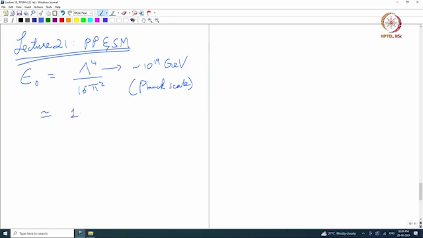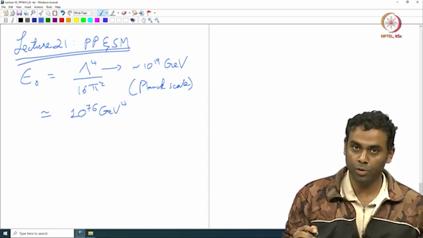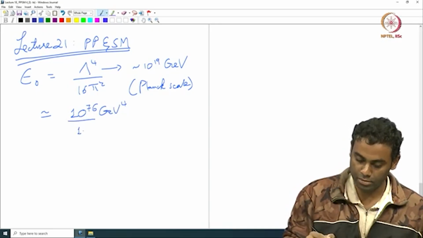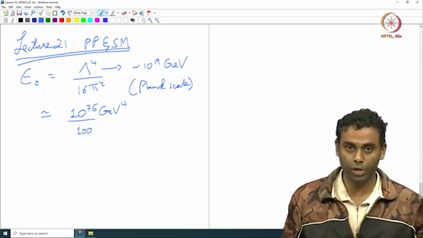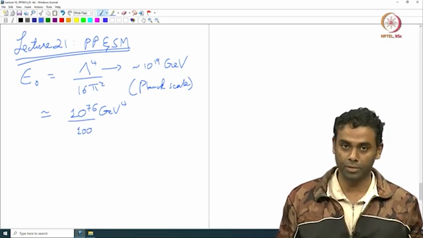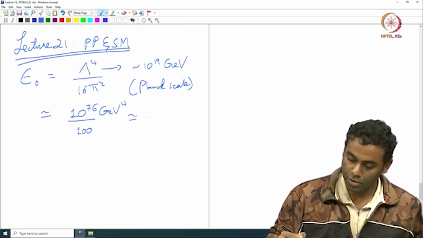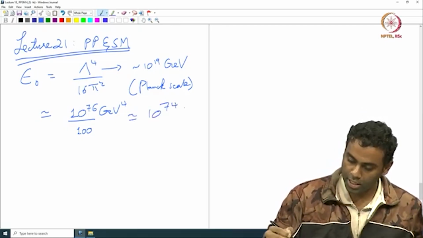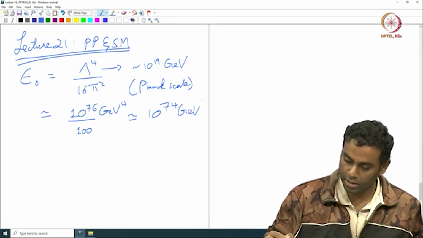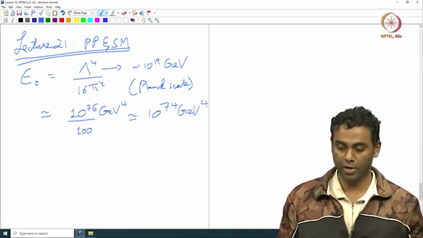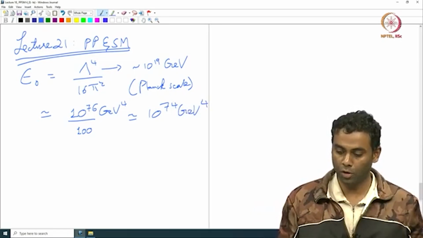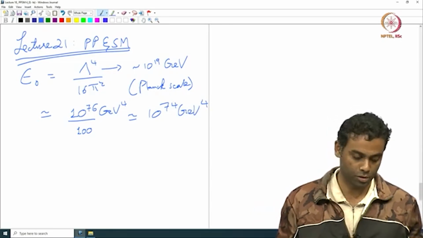This is just 10 power 76 GeV to the 4th, right, in the numerator. 16 pi squared I can just take as 100 for this calculation, okay. We are just trying to get an order of magnitude estimate, right. And so just like that I am getting a 0 point energy, in fact a 0 point energy density, of 10 power 74 GeV to the 4th.